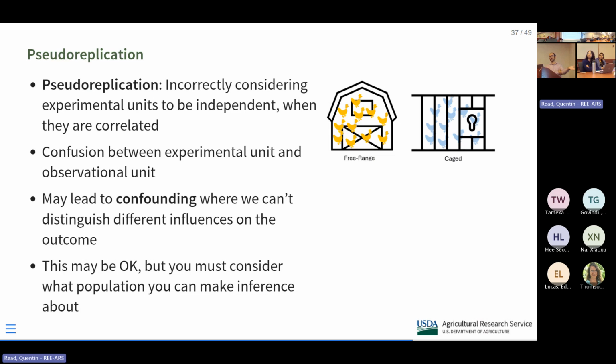Each one maybe had hundreds of chickens, but you don't know if it's because of specific differences between that specific barn or because of the free range effect in general. So really, when you do that experiment, you're estimating the difference between those specific barns and not between free range and cage overall. So you're actually making a conclusion about a much smaller population than you think you are.